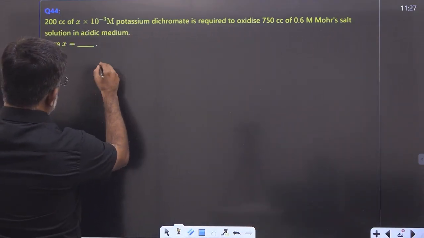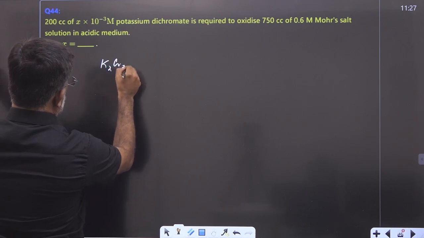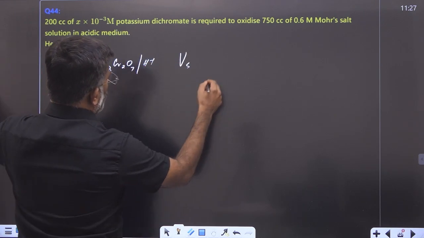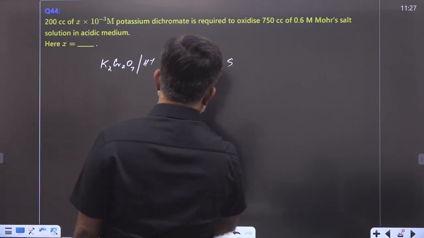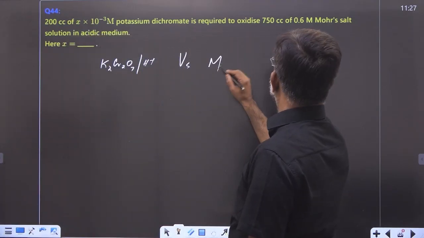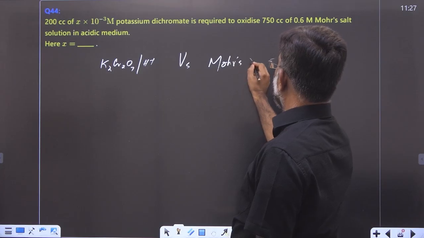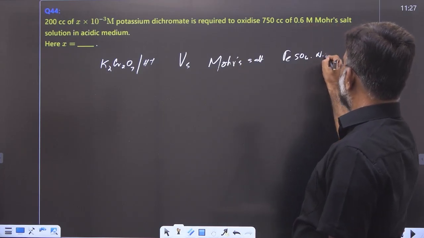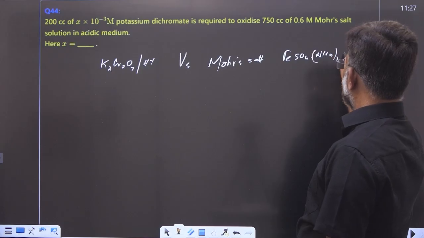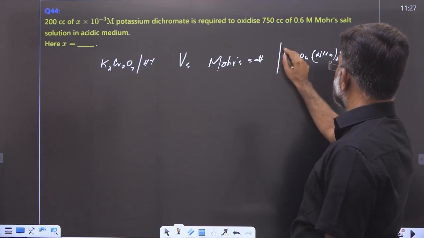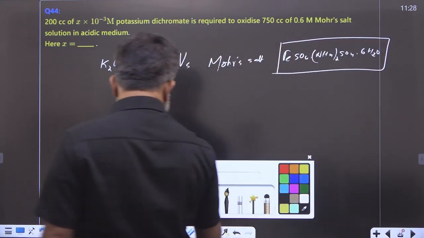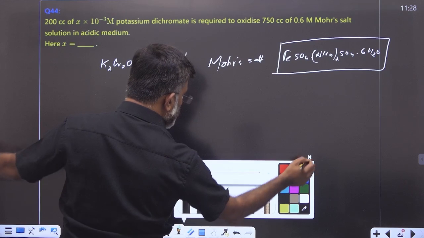So here we have the reaction of K2Cr2O7 in acid medium versus Mohr salt. Mohr salt means FeSO4 dot NH4 twice SO4 dot 6H2O. This is Mohr salt, right?